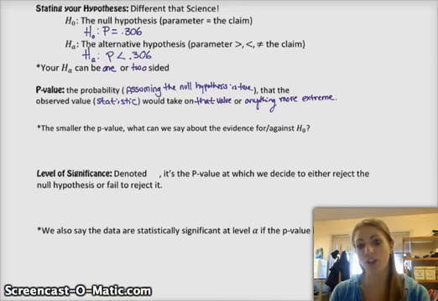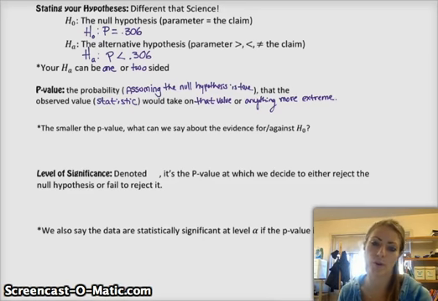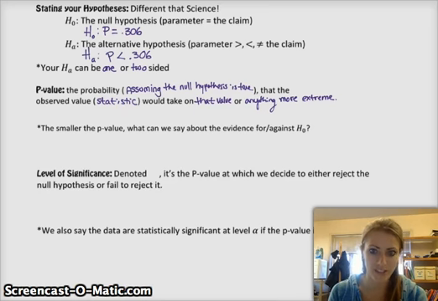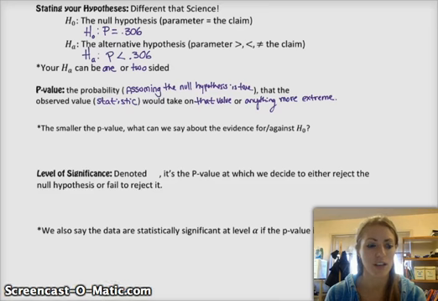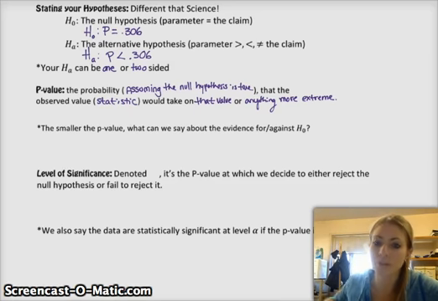So this is a good thinker question. The smaller the p-value, what can you say about the evidence for or against the null hypothesis? Since your p-value is the probability of getting a statistic of that value or anything more extreme, the smaller that p-value is, the smaller the likelihood that you would actually get the observed value, assuming that the null hypothesis is true.